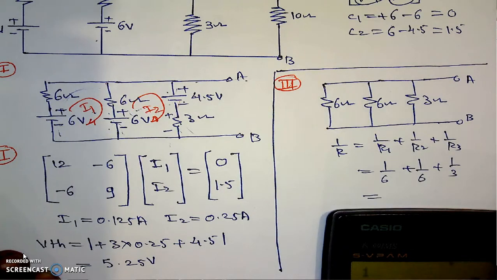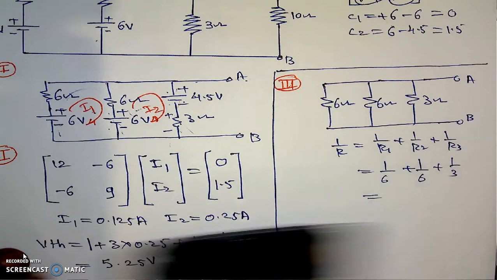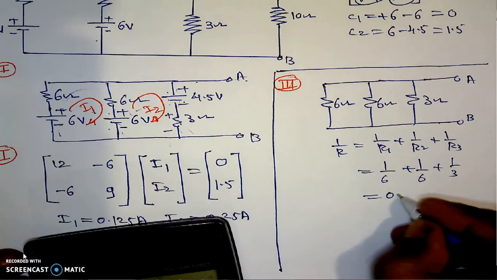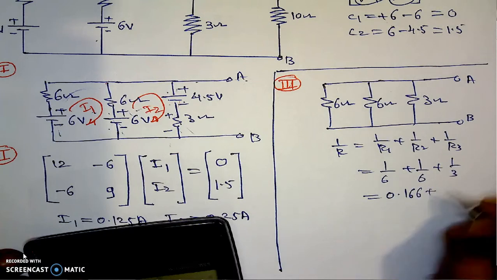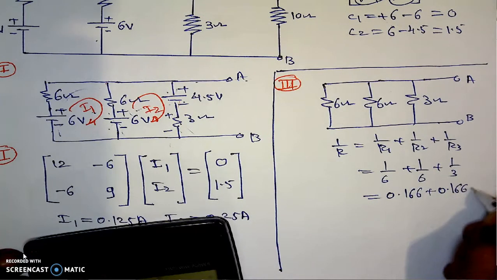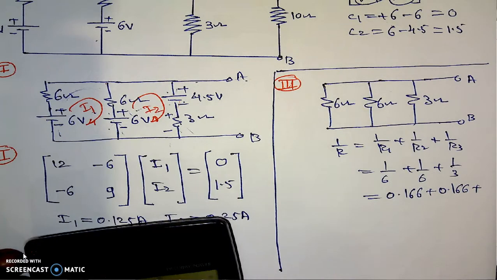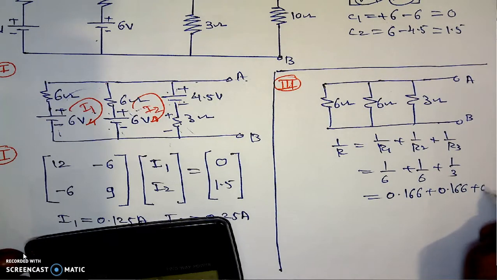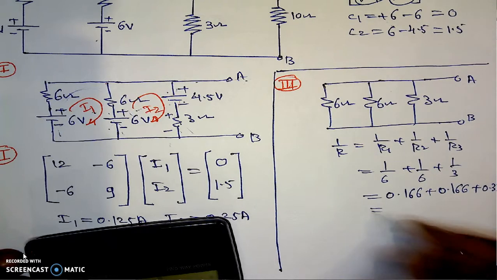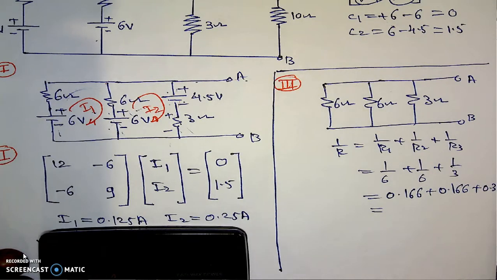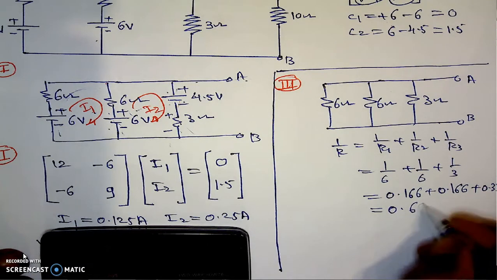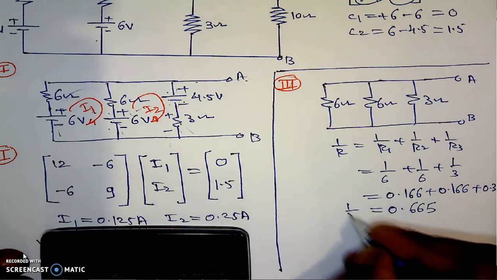This is 1 divided by 6, 0.166, plus 0.166, plus 1 upon 3. This is 1 divided by 3, it is 0.33. So 0.33 plus 0.166 plus 0.166 is 0.665, which is 1 upon R.